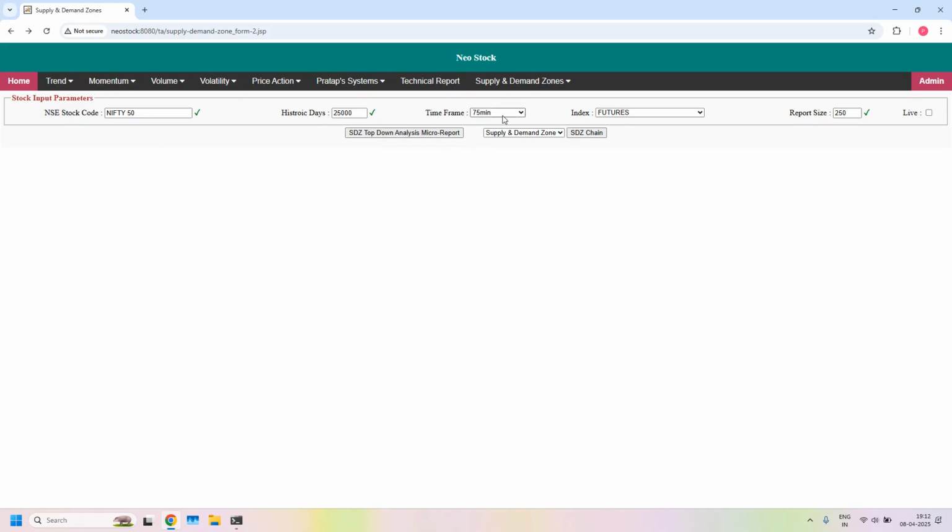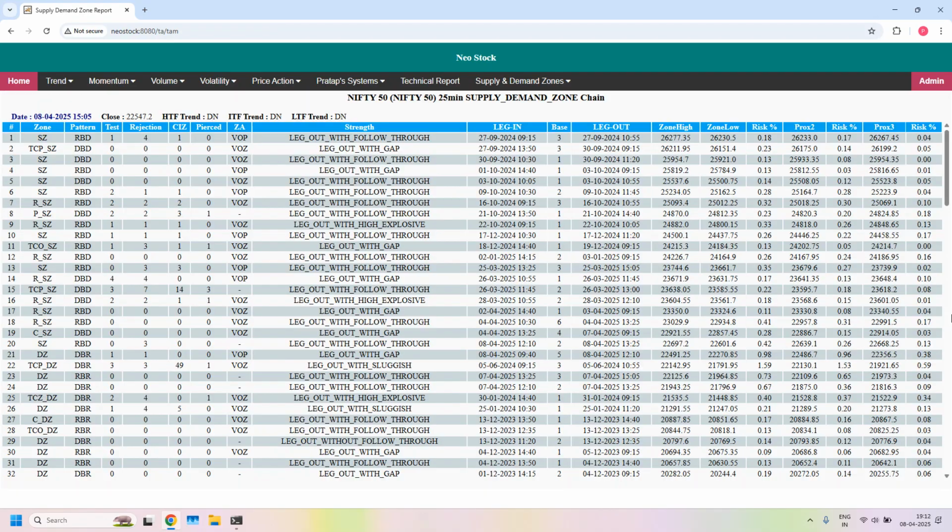Next, generating 25 minutes supply demand zone chain for NIFTY. Let me adjust in the center.